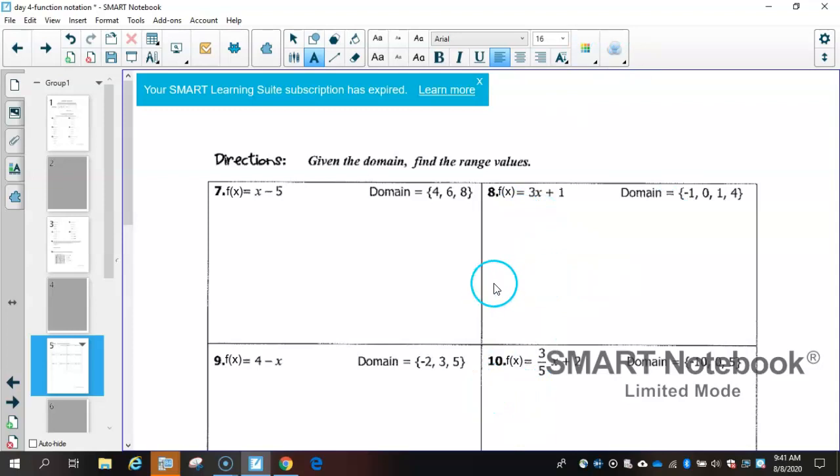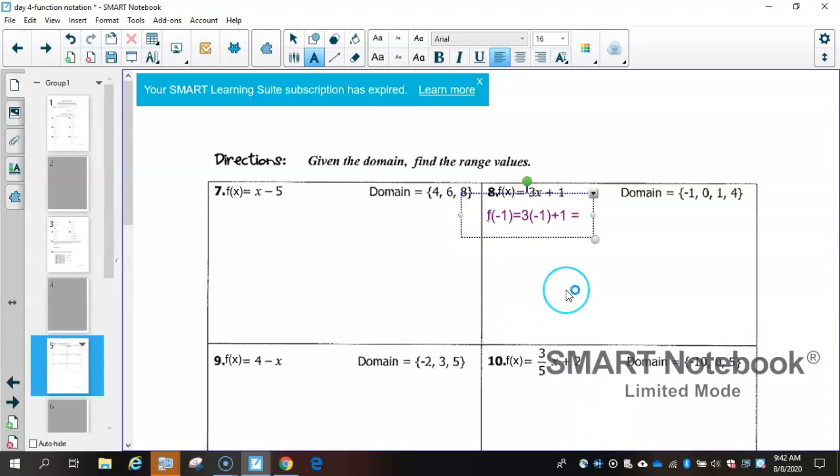We're going to do 8 algebraically. So if we're doing this algebraically, what we need to do is the same thing we were doing before. For every value in the domain, we need to substitute that in for x. So for the first value, f of negative 1 equals 3 times negative 1 plus 1.